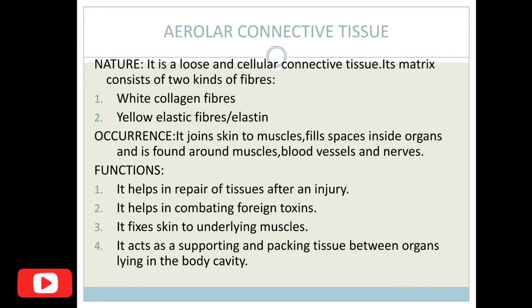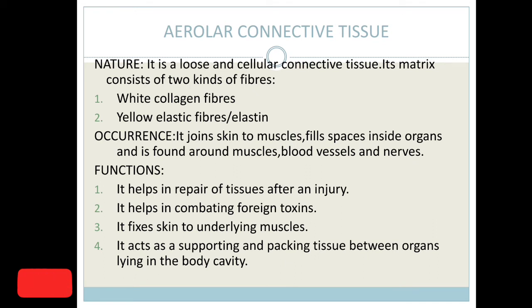This type of connective tissue joins the skin to the muscles, and it fills the spaces inside the organs. So in our organs different spaces are there, and this areolar connective tissue fills those spaces, and it is found around the muscles, blood vessels and nerves.